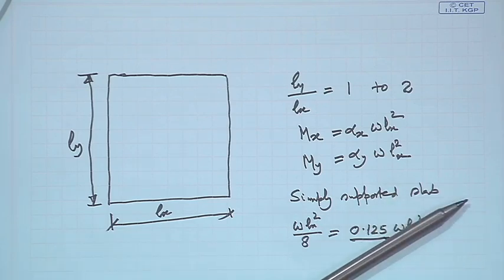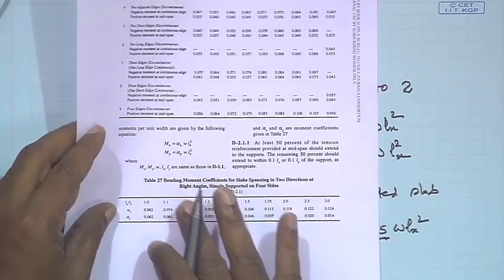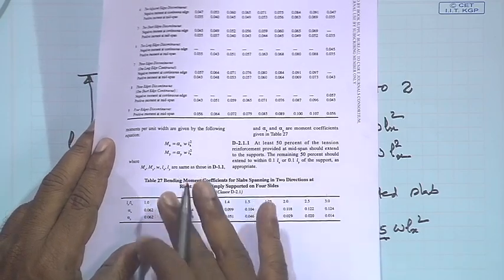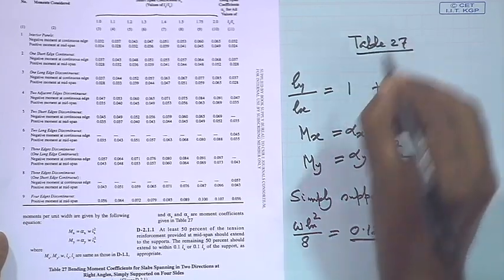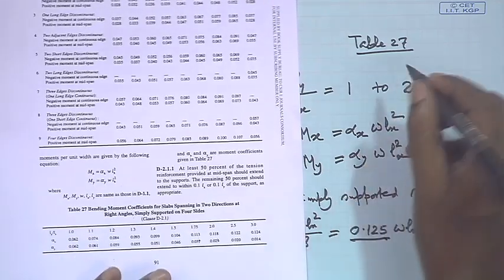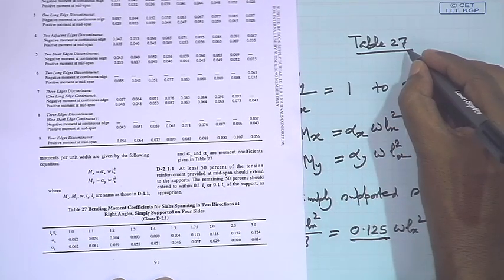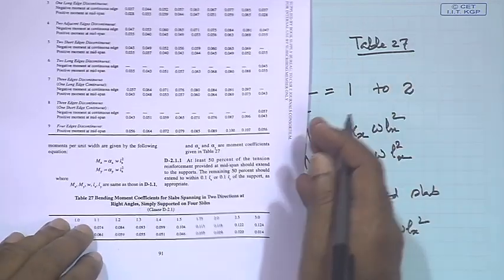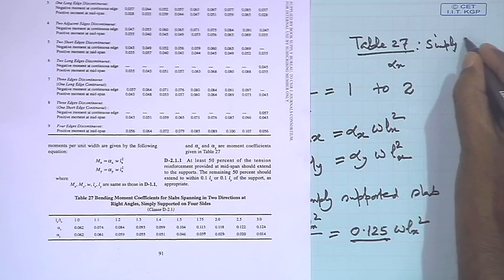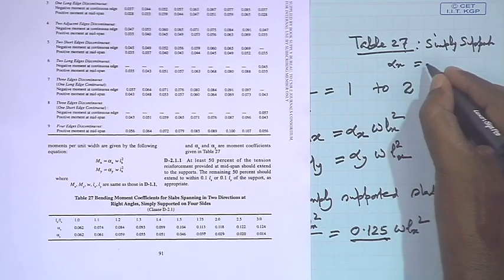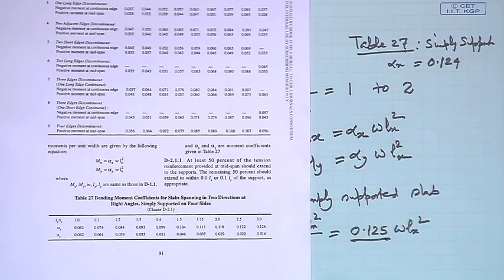Just so it will be easier for you to find out, refer to table 27 of IS 456, and for 3 that value is coming alpha x, this is for simply supported, and which is written here as 0.124.